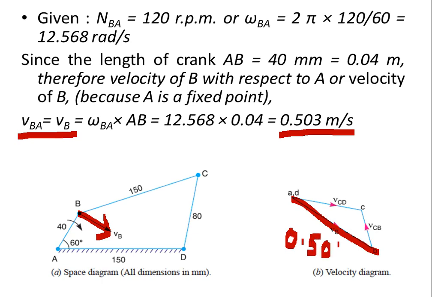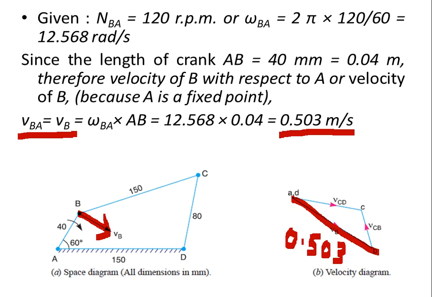0.503, you can take any scale. You can consider the 0.503 value as 5.03 centimeter. You can take the units like that, or a suitable scale, whatever is convenient on your sheet. Okay, so if you consider 0.5 meter per second equivalent to, suppose, 50 mm, that much scale factor you can take.